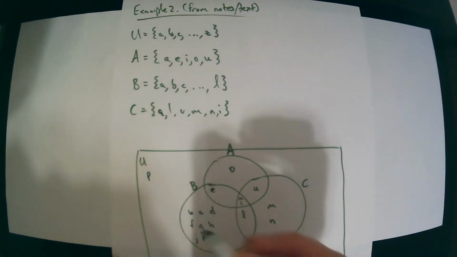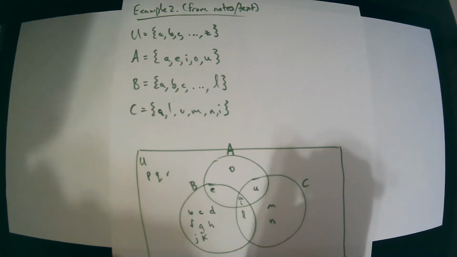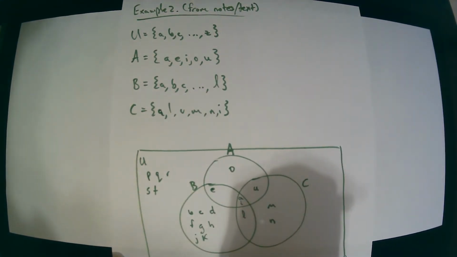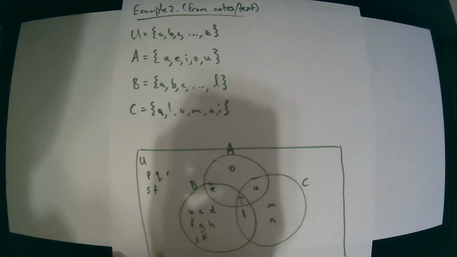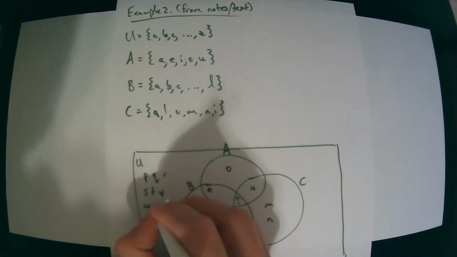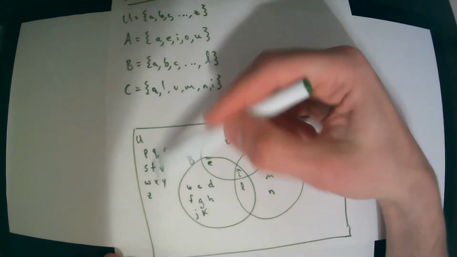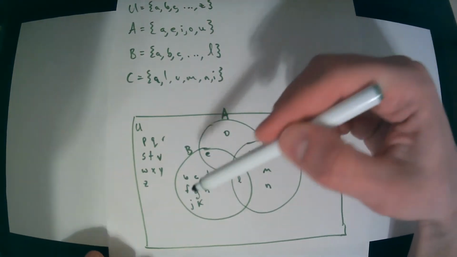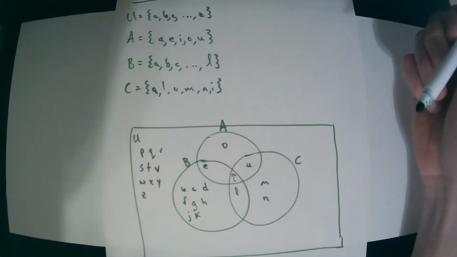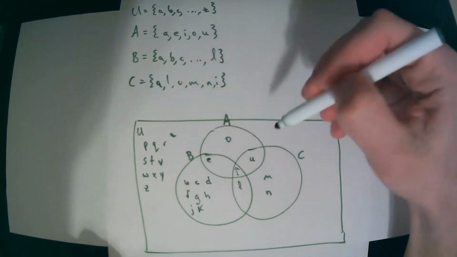Then there's P, Q, R, let's see, S is not taken, S, T, U is obviously in there, V, and then W, X, Y, and Z are not in any of these sets. So these 10 letters are letters that were not in any of the sets that we looked at here. They are in our universal set though, so they deserve to be noted out here. Whoops, out here outside of these three sets.